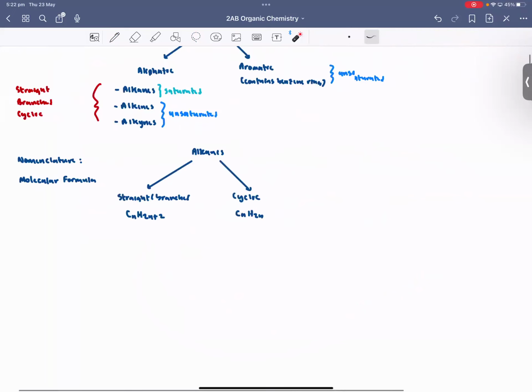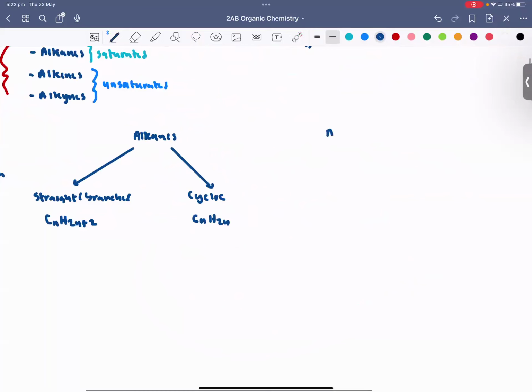That's alkanes. So what about alkenes? All right, alkenes can be again what? Now guys, when I say alkenes, I mean alkenes with just the one double bond. Because technically you can have 2 double bonds and it still counts as being an alkene. So I'm assuming an alkene with 1 double bond. Then what else can it be? It can be straight or branched, just like before.